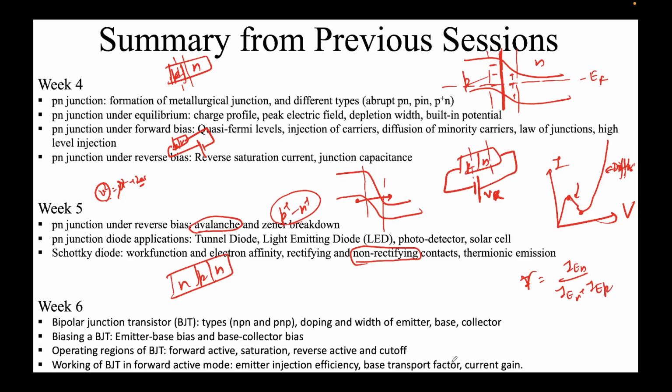The base transport factor is essentially how many electrons are getting recombined in the p-type base, so that was ICN over IEN. And the current gain beta we eventually determined, and there was also alpha, so it was IC by IB. These are terms we had talked about in the semiconductor physics.